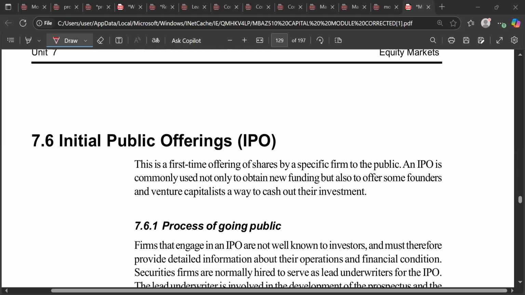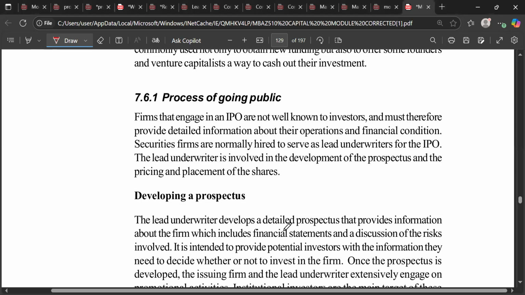Now, what are the key steps in an IPO? How do you handle this particular scenario? So step one, you first engage an underwriter. This is often a securities firm.